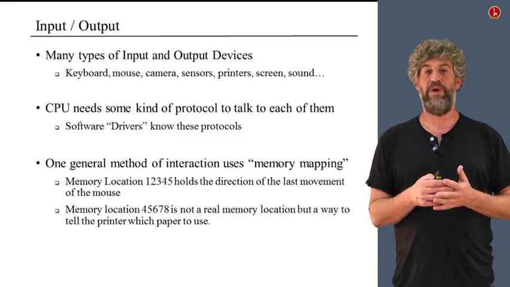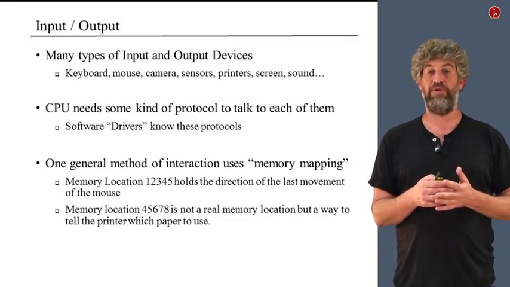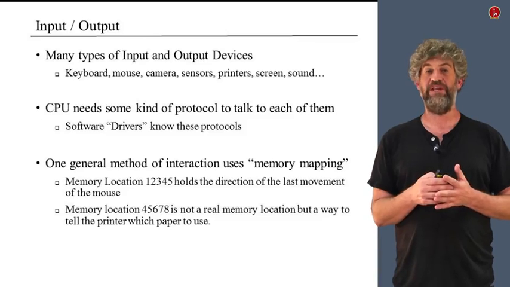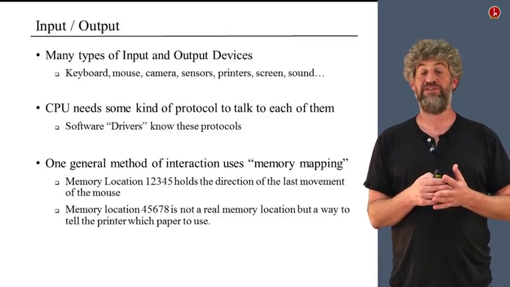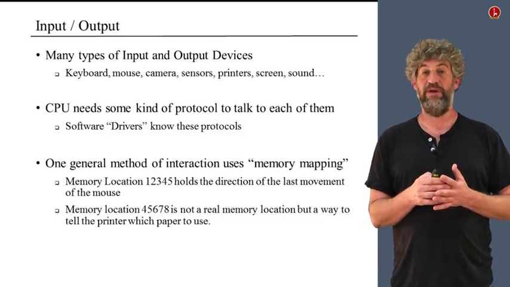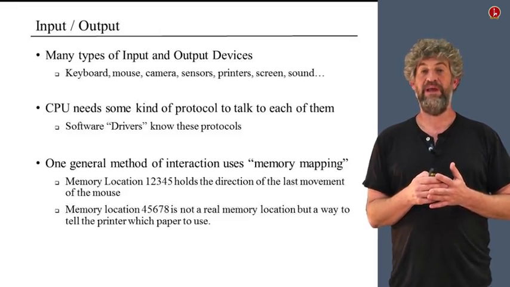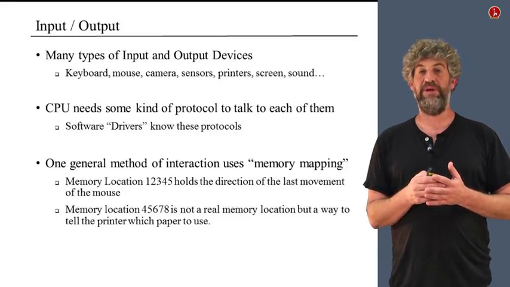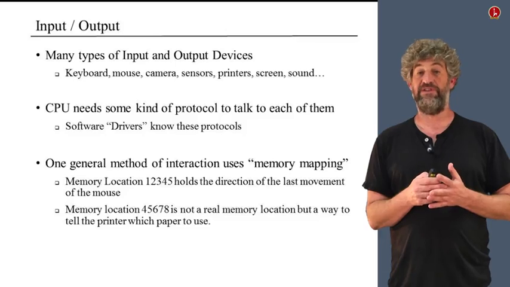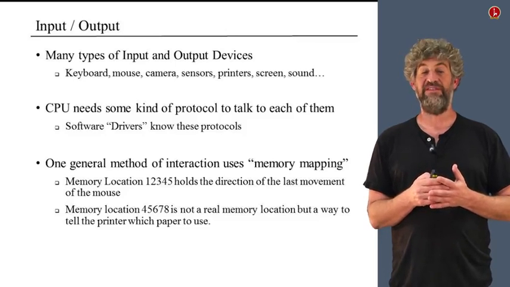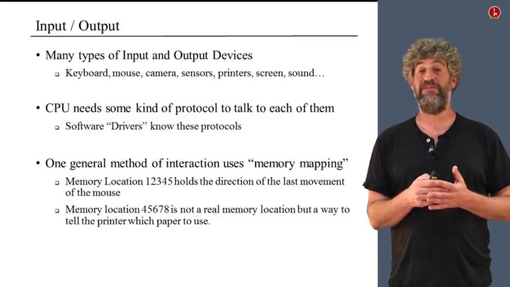One way to access these devices is to connect the registers which control them as part of your memory. For example, we may have a mouse that is connected in a way that whenever the user moves the mouse, the last movement is written into some kind of register, and that register is accessible by the computer at a certain address as part of the memory.